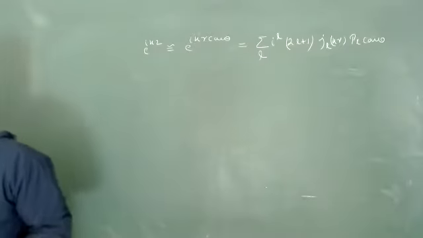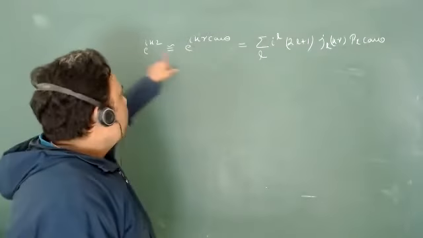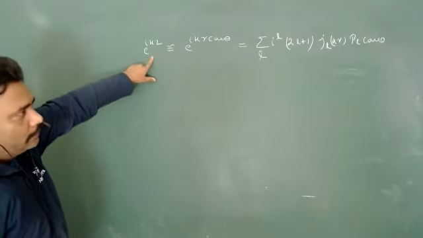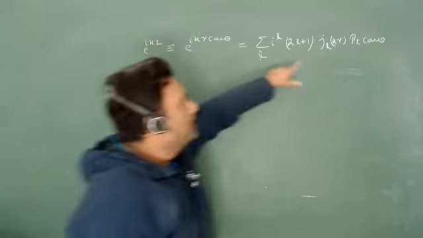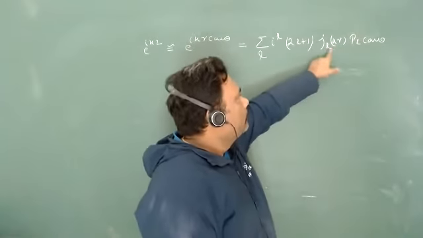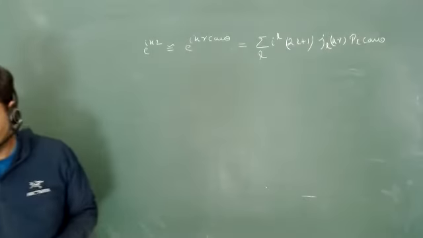And we know why we are taking this particular solution: because here the potential is equal to 0. When the potential is equal to 0, the solution can be j_l(kr) as well as n_l(kr). So we have accepted j_l(kr) as my solution.